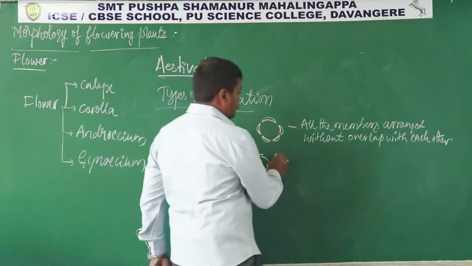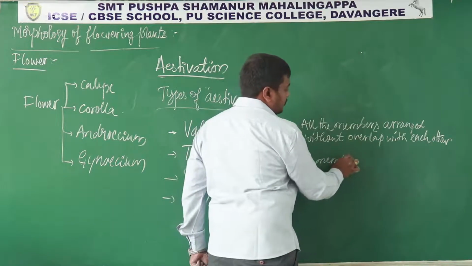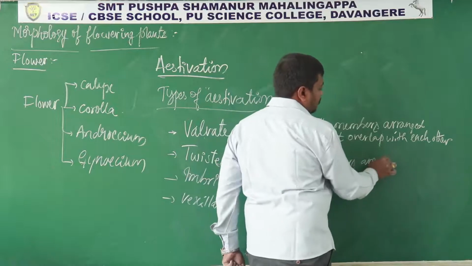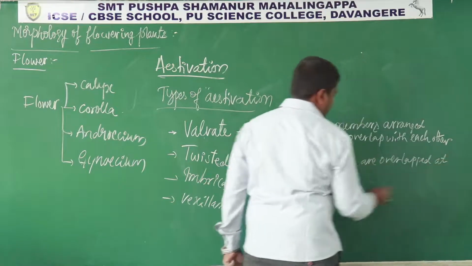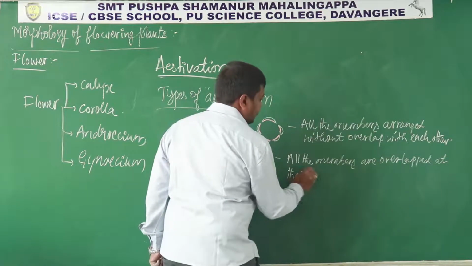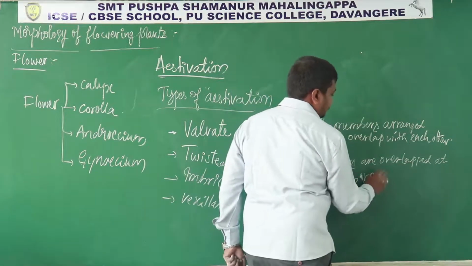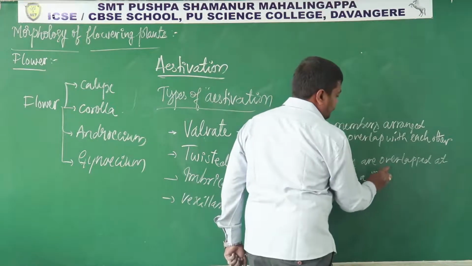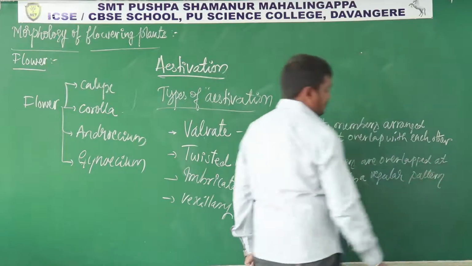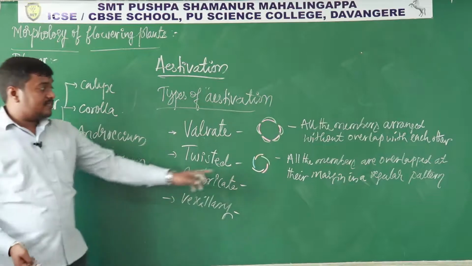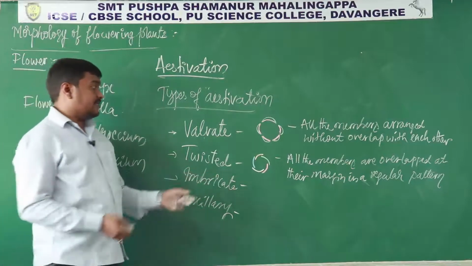In twisted, all the members are overlapped at their margin in a regular pattern. One member is overlapped by another member at its margin. Okay, so that is twisted.